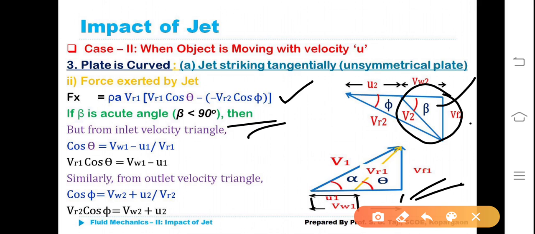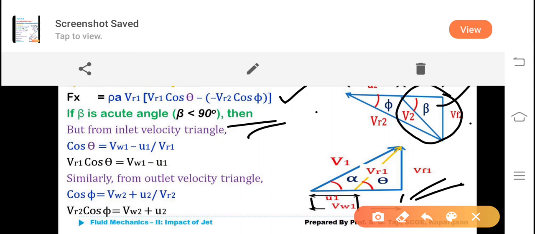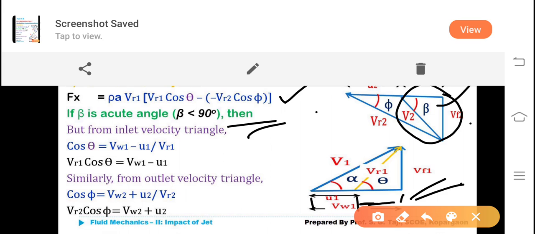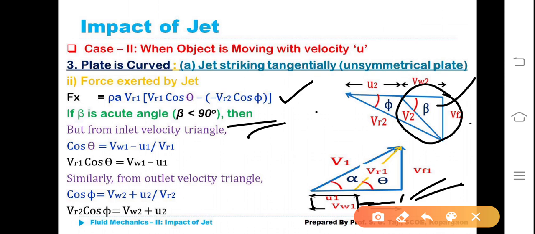Therefore, from this triangle, if you take cos theta, you can find out this quantity, right? This small quantity you can calculate. That is nothing but equal to Vw1 minus u1 divided by Vr1, relative velocity. Therefore, Vr1 cos theta is equal to, just cross multiplying, we will get Vw1 minus u1.